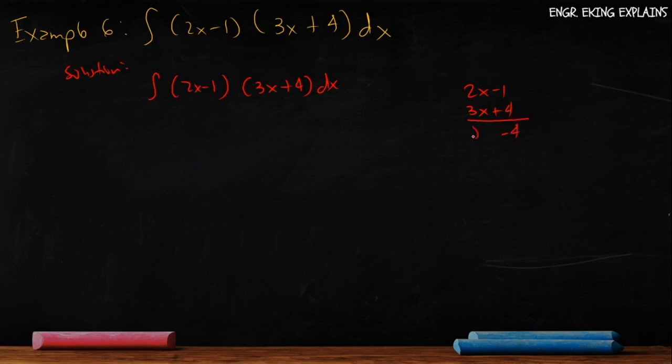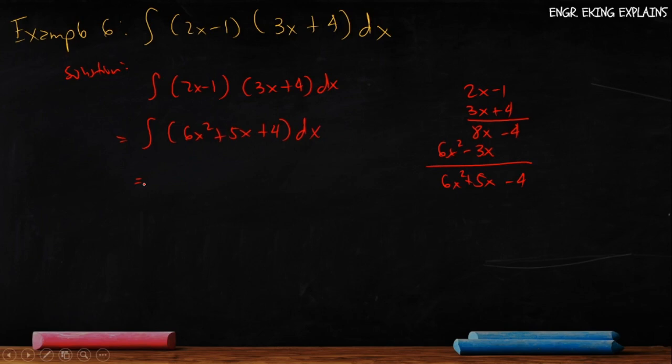So this will be positive 8x. So 3x times negative 1, so negative 3x. So that will be 6x squared. Okay, so we have negative 4. So 8 minus 3, so that will be 5x. So 6x squared, positive.